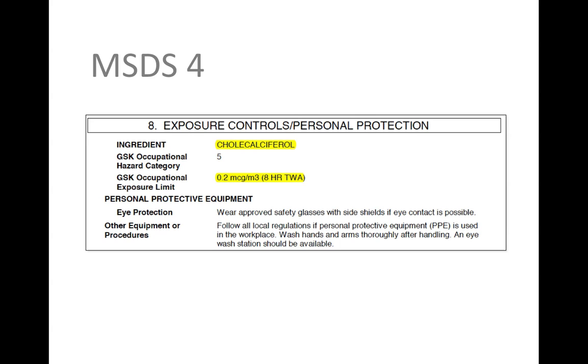I should also mention that they have assigned this compound to their occupational hazard category 5, which is the most extreme hazard category. So whose number do we believe? Whose number do we trust?